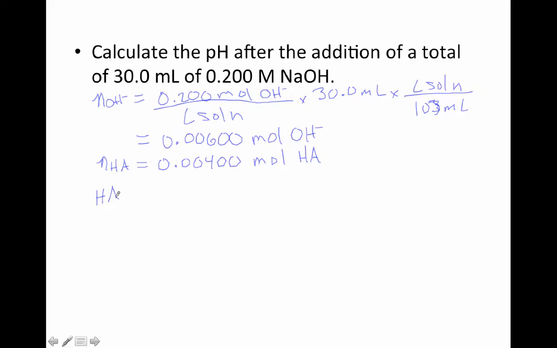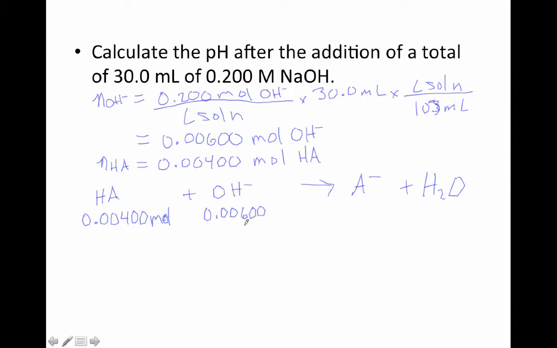At the beginning of the titration, we had in the Erlenmeyer flask 0.00400 moles of benzoic acid. We have added at this point a total of 0.00600 moles of hydroxide to give us benzoate and water.